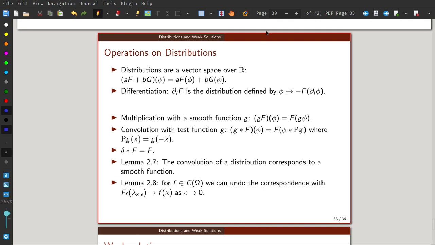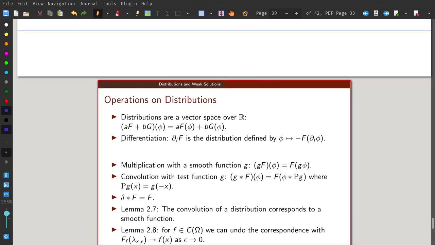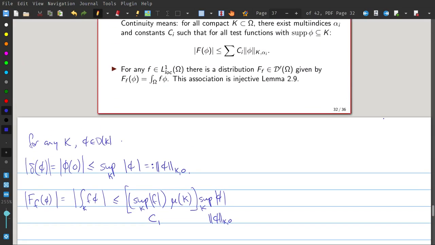You take the negative of the distribution acting on the partial derivative of the test function. And why does it have this definition? To understand all these operations on distributions, we need to imagine that they come from distributions that look like this. So we want to understand how the corresponding distribution looks here.